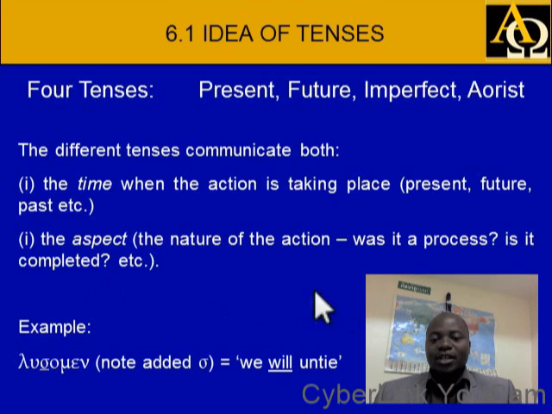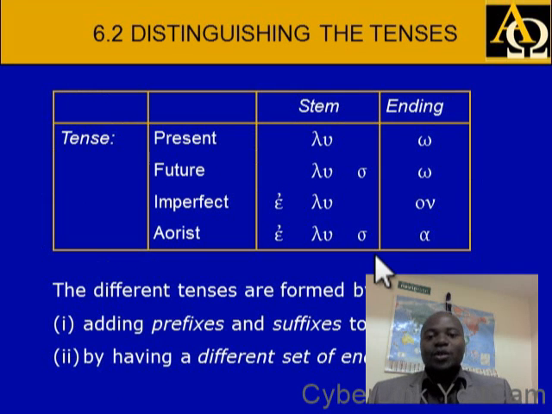For example, luomen... we will untie, and so you can see that we have added a sigma there. So the sigma is a differentiating part of the tense. So distinguishing the tenses: the present tense, as you know, is luo, the future tense is luso, so we have a sigma there. Imperfect, eluon, so we have a prefix epsilon, and then the ending is different.